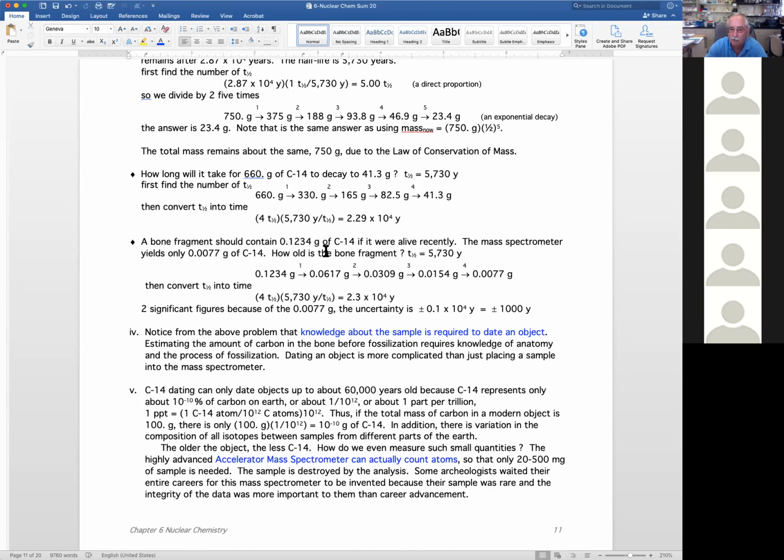You also have to have certain knowledge of where that bone was found, what other elements are actually in that bone that came from the environment. So dating an object is way more complicated than just taking a sample and putting it into a mass spectrometer.